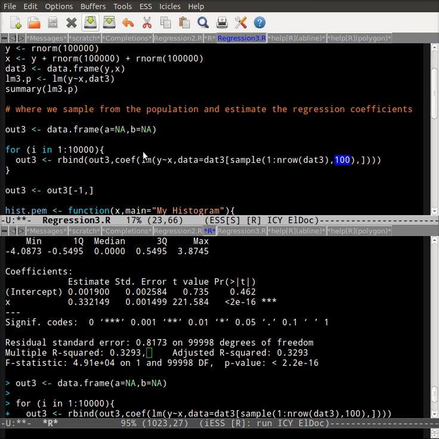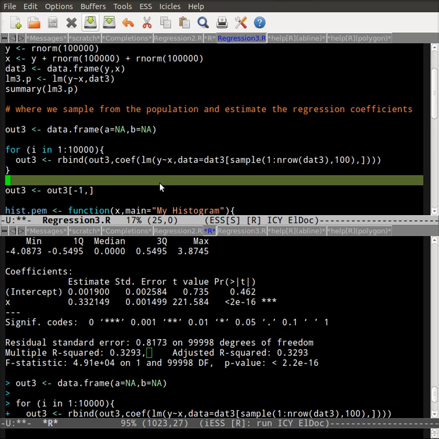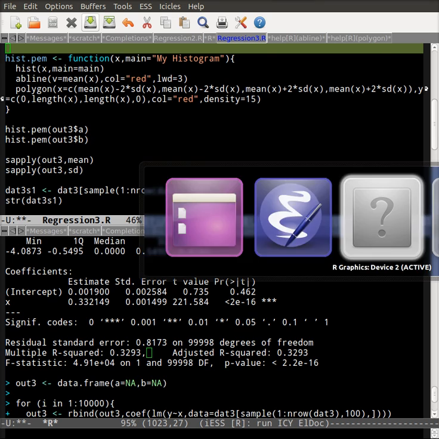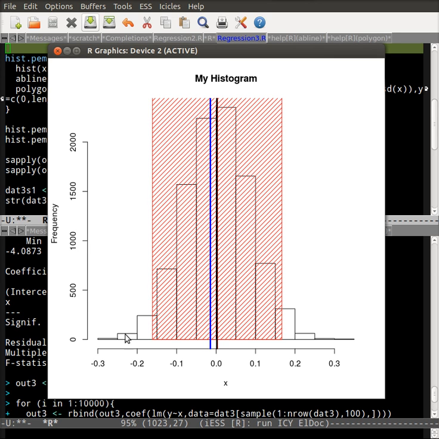Why 100? I just chose it arbitrarily. The distribution that we've created are all the parameters, and this is just for the intercept. We know that the population value for the intercept is 0, and this blue line right here is our estimate from one single sample taken at random from the sample.